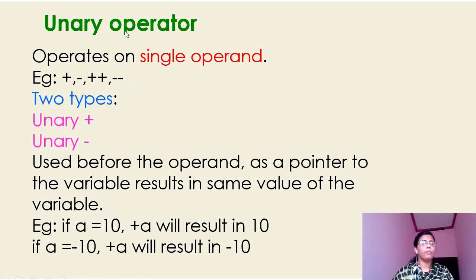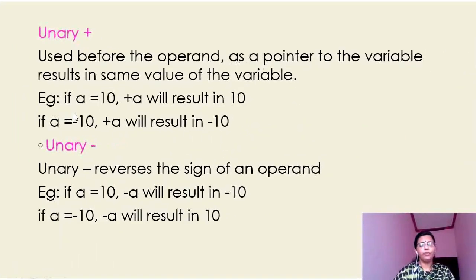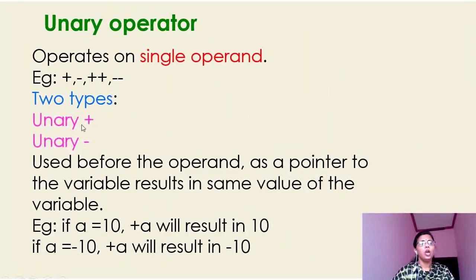The unary operators are of two types: one you call unary plus, the other you call unary minus. Used before the operand as a pointer to the variable, it results in the same value of the variable.